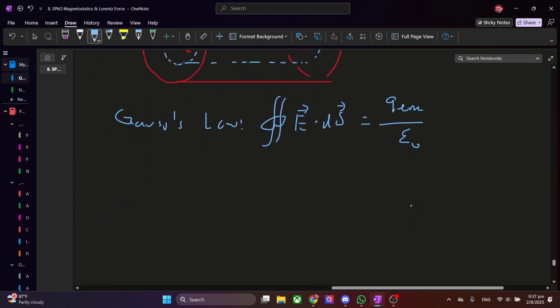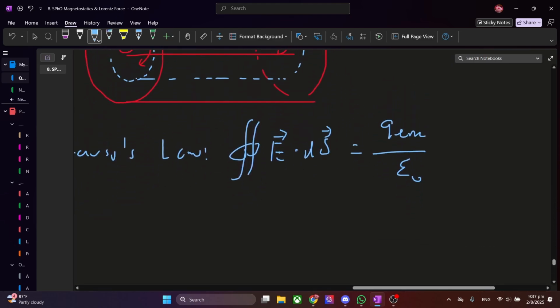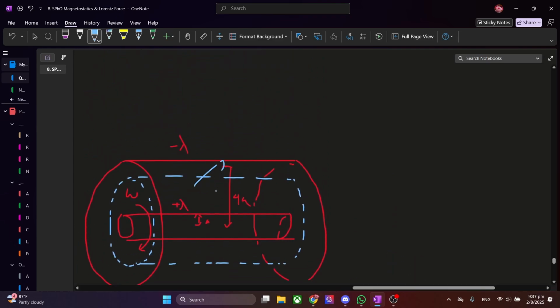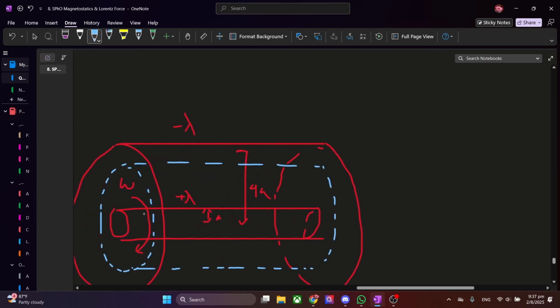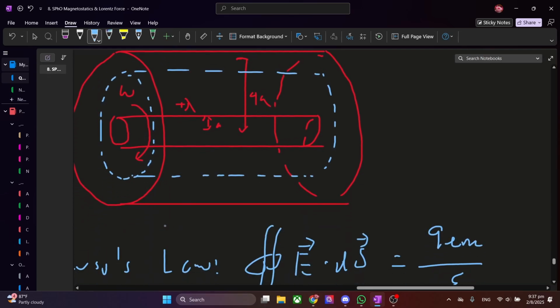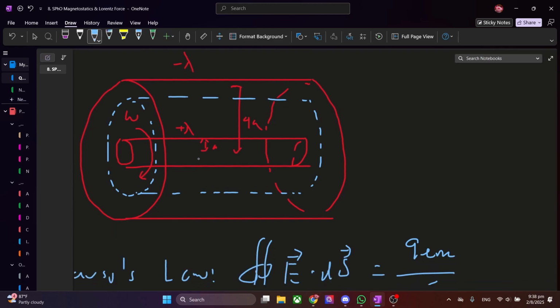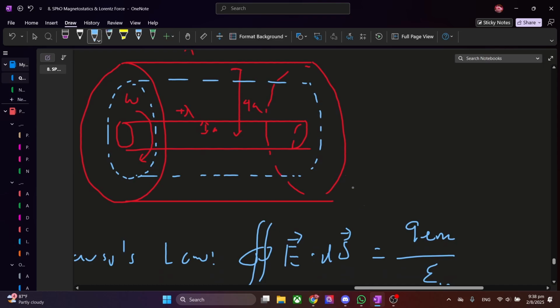So how exactly do you use that? The integral of the E over the area. Your electric field should be radially symmetric, and that should be pretty obvious. And it doesn't really depend on the rotation, by the way, because the rotation only really generates magnetic fields. But the charges themselves already emit an electric field whether they're moving or not.